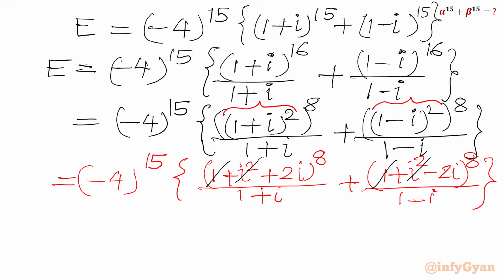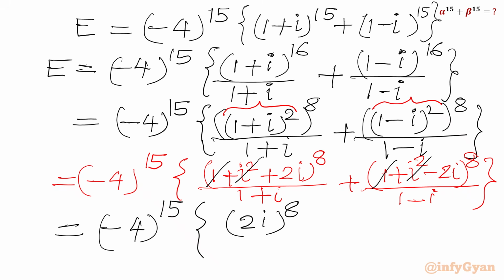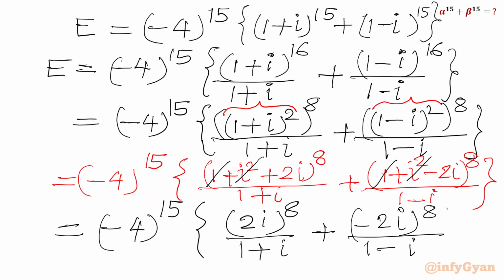So in the bracket, we will write minus 4 whole power 15 as it is. Then here I will be writing 2i whole power 8 over 1 plus i plus in bracket minus 2i whole power 8 over 1 minus i. Let me write here minus 4 power 15.